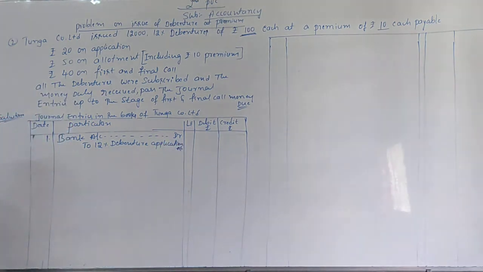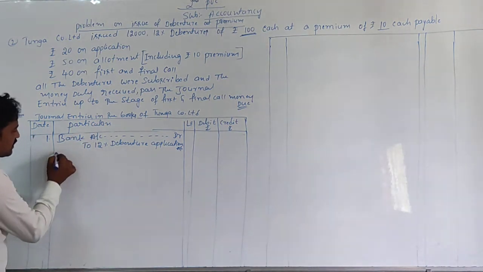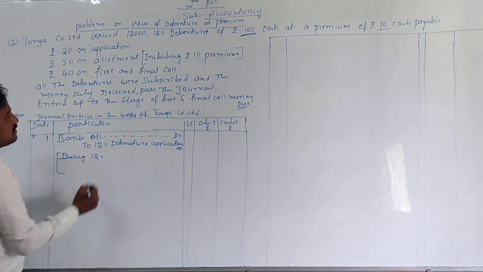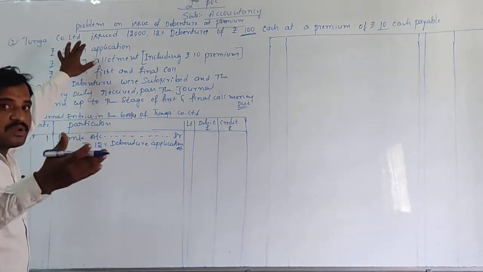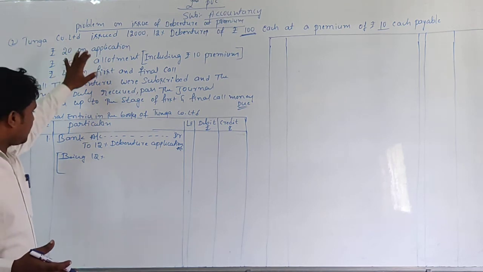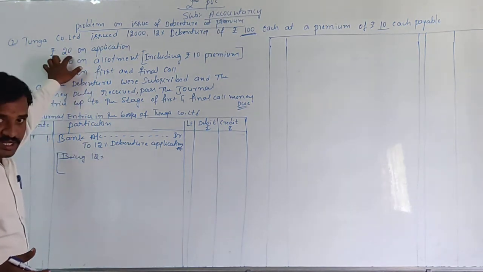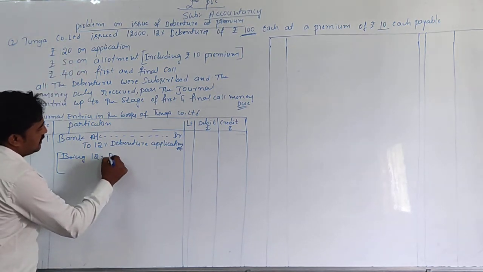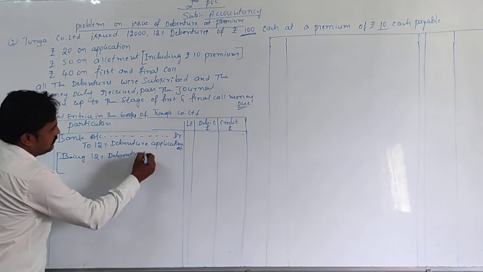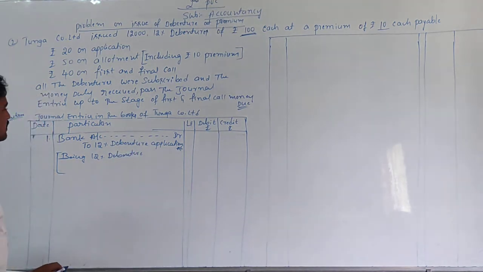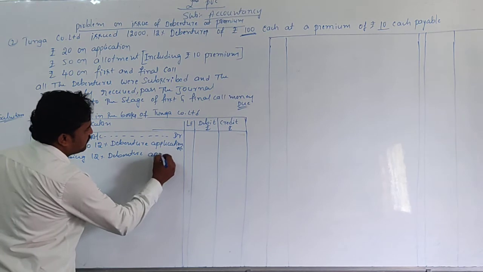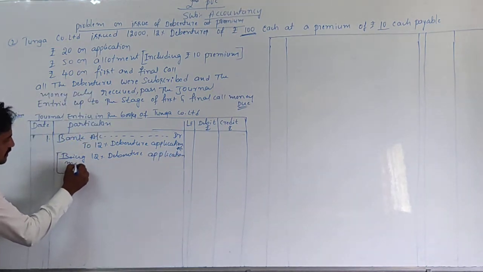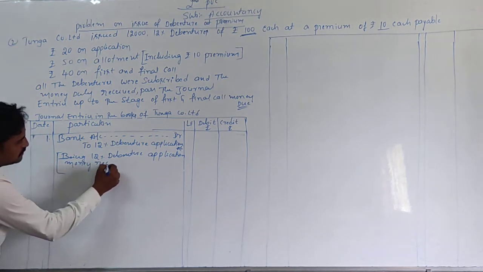Narration: being 12% debenture application money received. Because the company issued the application, at that time the company collected only 20 rupees per debenture.